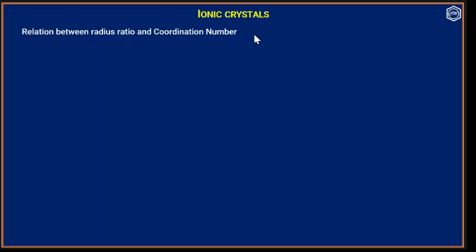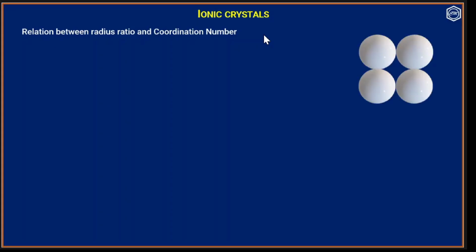In the case of ionic crystals, the radius ratio of cation to anion will help us to predict the structure of the crystal. It is summarized in the given table. So this is an ionic crystal, and usually the cation occupies the void. So this is the radius of the anion.